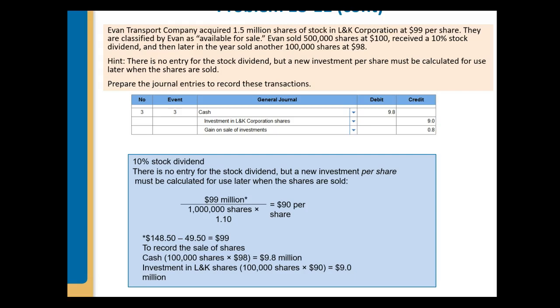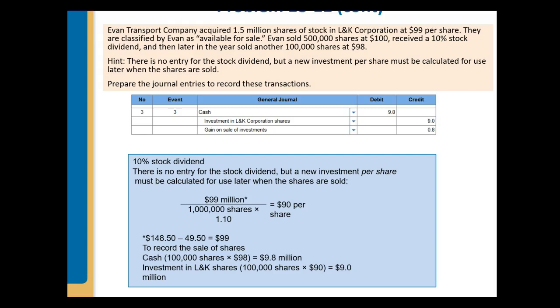In this scenario, with the 0.8, the way this is calculated is the 10% stock dividend. We need to readjust the price per share. So the 99 million, divided by 1.1 million shares, is 90 bucks per share. The 148.50 minus the 49.50 gives us 99.